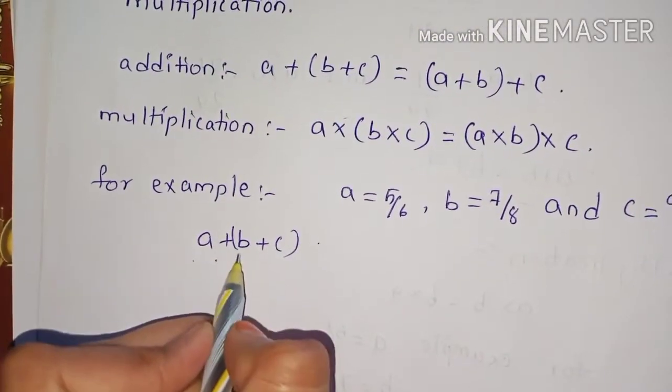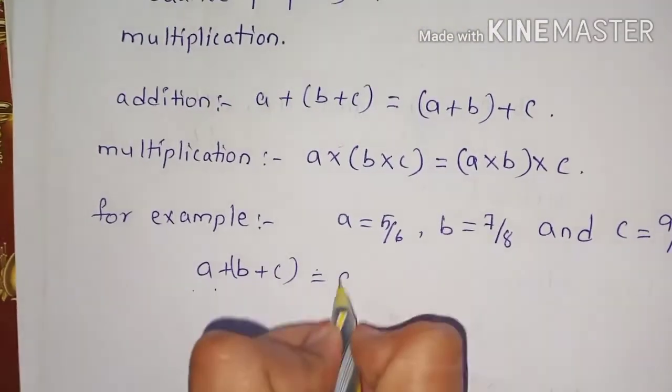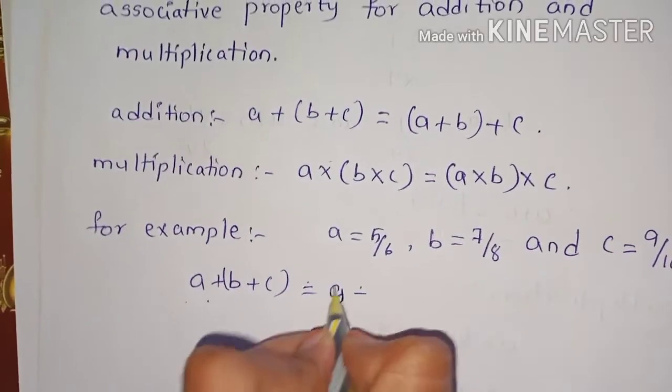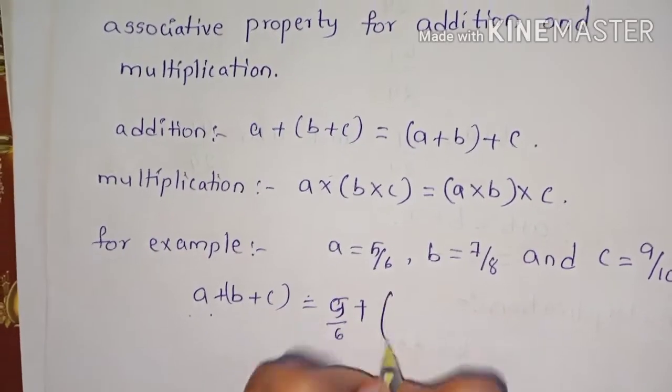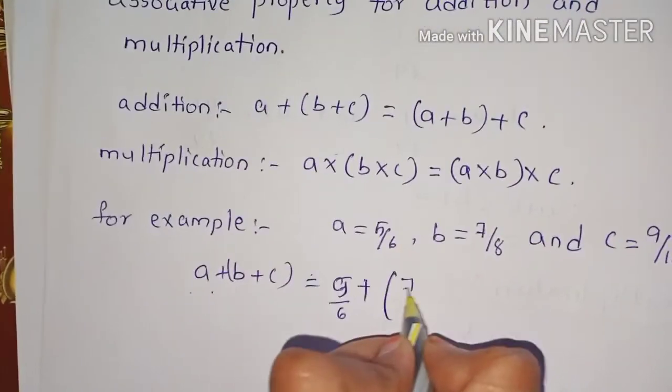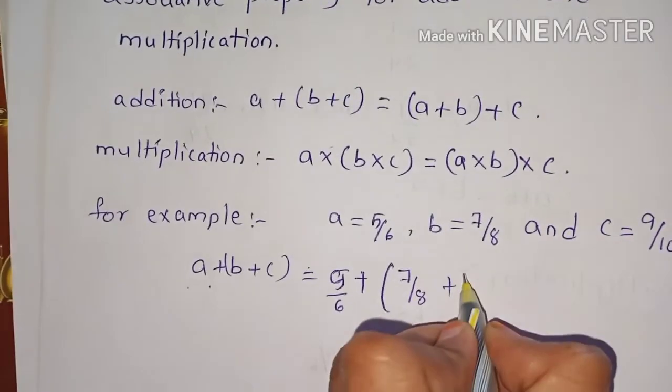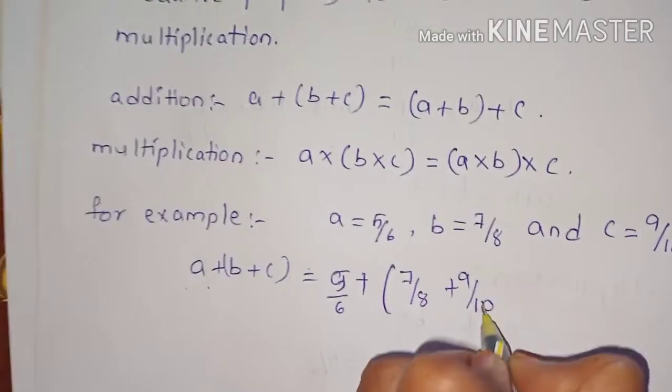A plus of B plus C is equal to A value 5 by 6 plus of B value 7 by 8 plus C value 9 by 10.